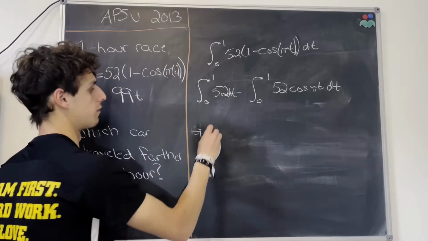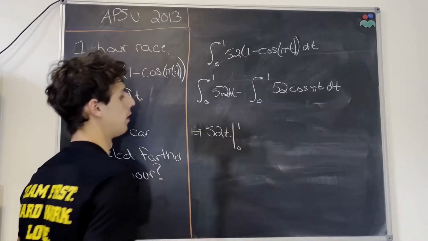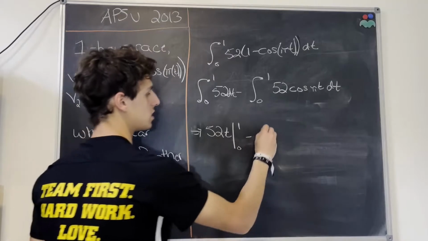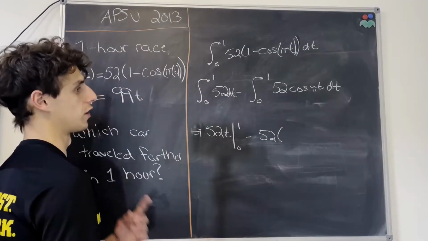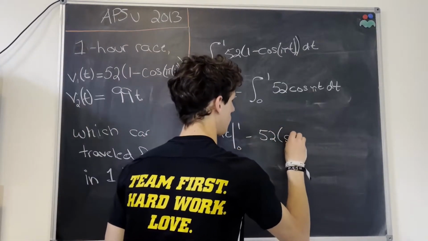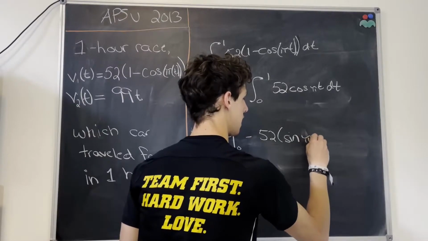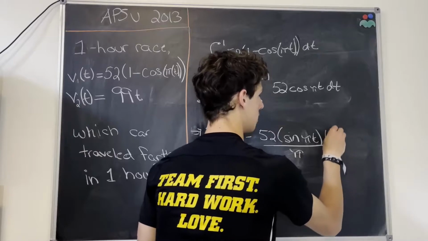That's going to give us 52t with 0 and 1 plugged in, minus 52 times, let's see, the antiderivative of cosine is sine, and we also have this pi inside, so we have sine pi t over pi, with 0 and 1 plugged in.